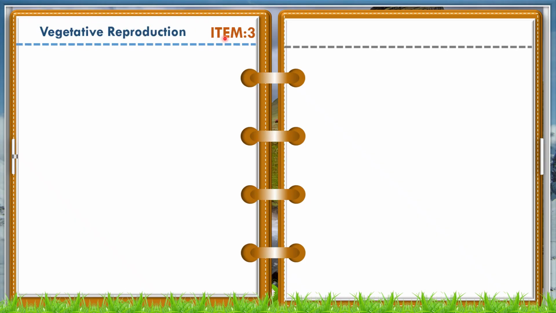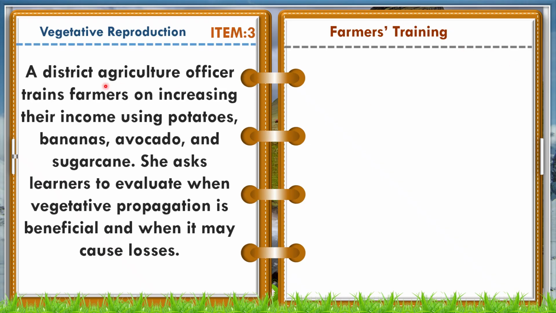Vegetative reproduction, item 3. We are going to look at farmers training. A district agriculture officer trains farmers on increasing their income using potatoes, bananas, avocado, and sugarcane.